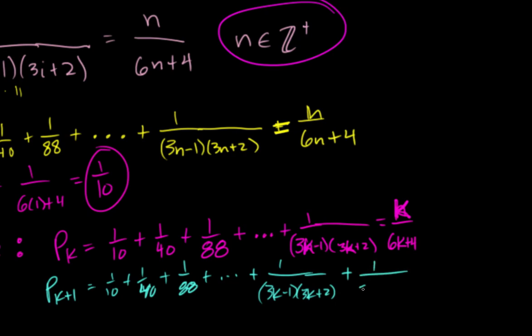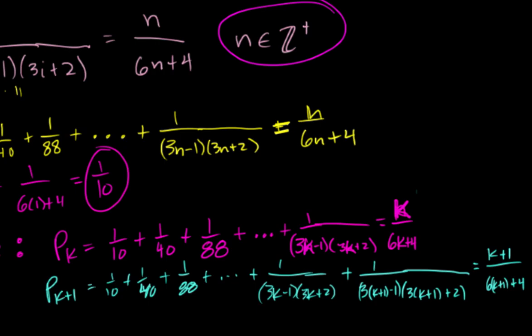So 1 over 3k plus 1 minus 1, and 3k plus 1 plus 2. And then that's equal to, now I'm going to plug in k plus 1s for this, plus 4. Alright, sorry if that's hard to read.